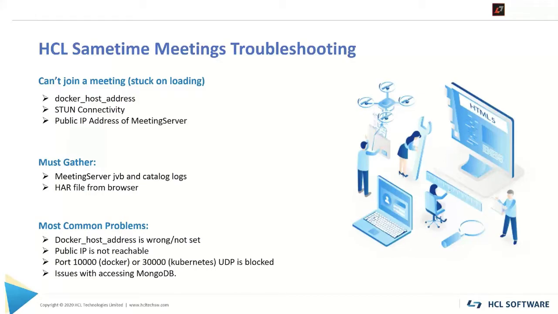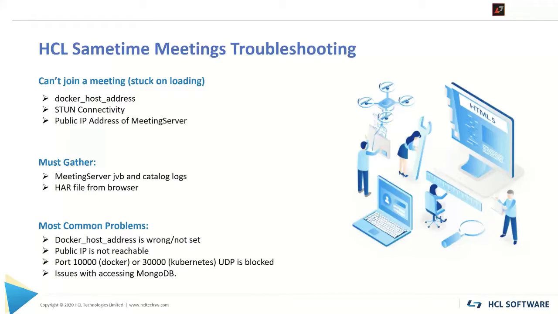If it is set, then whatever I have set it to is what will be used as the public IP address that the clients will attempt to connect to, so it needs to be a routable IP address. The odd thing here is that if you have disabled STUN and you have not set the Docker host address, then the Docker container's IP address, which is an internal IP address to Docker, will be advertised and clients won't be able to connect to that.